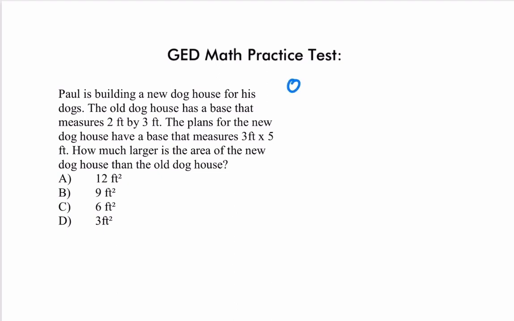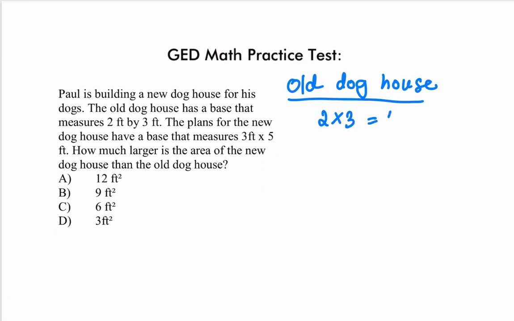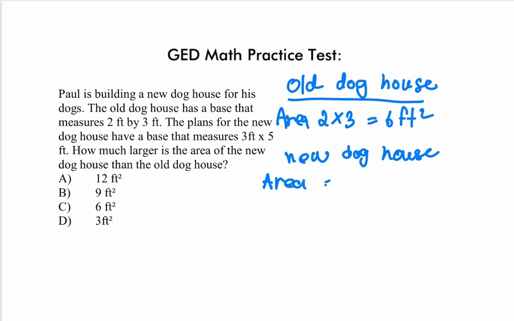So okay, the old doghouse: 2 times 3 is 6 square feet, because this is the area of the base. For the new one, the area is 3 times 5, which is 15 square feet.